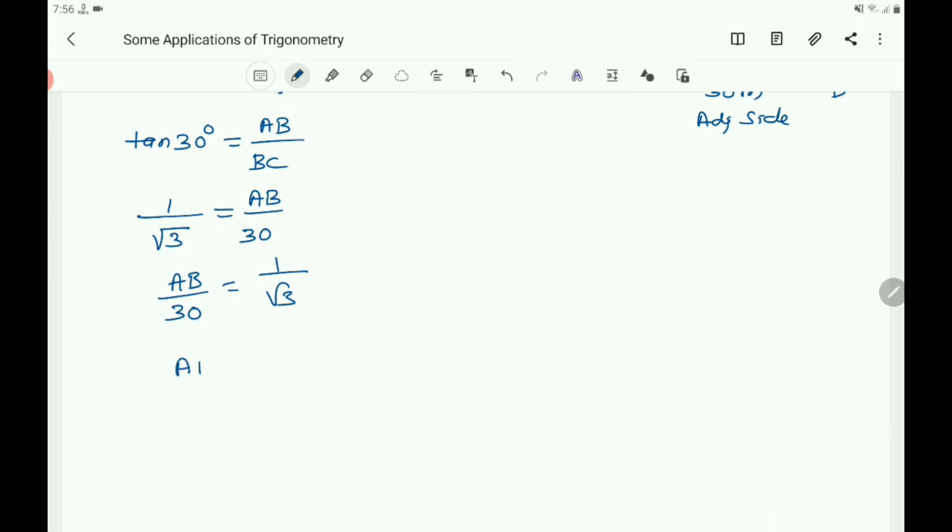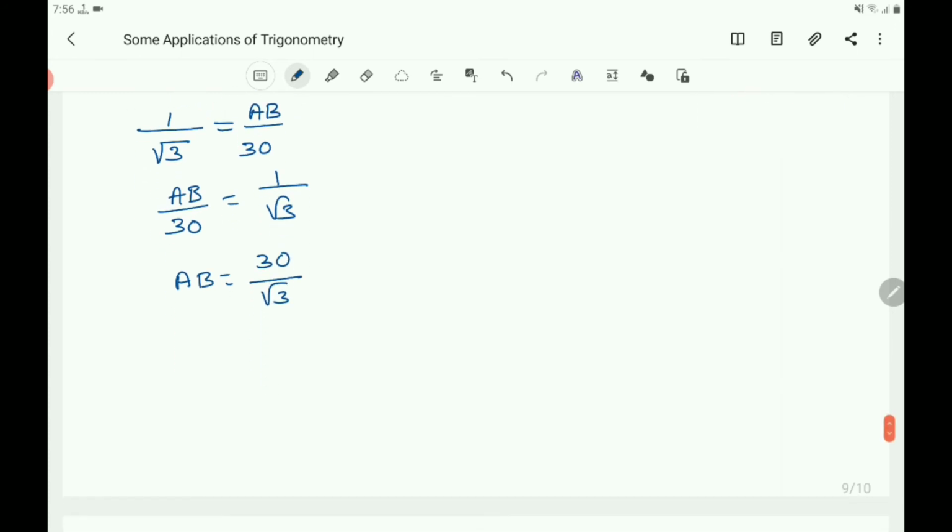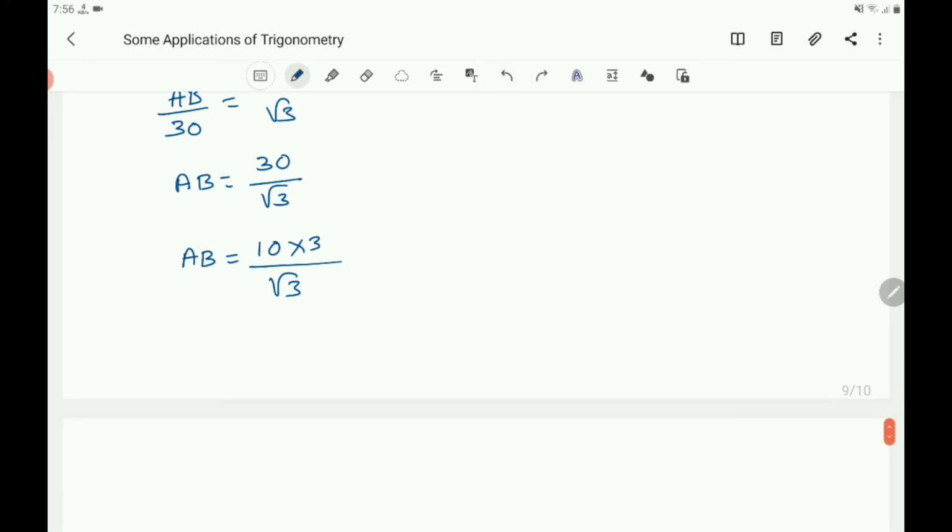So you write AB equals 30 by root 3. Here there is root 3, so you express 30 as 3 into 10, or 10 into 3 by root 3. Again you express 3 as a product of root 3 and root 3.